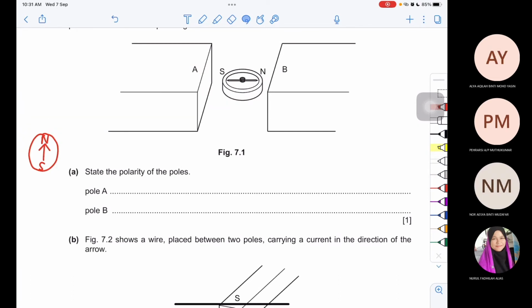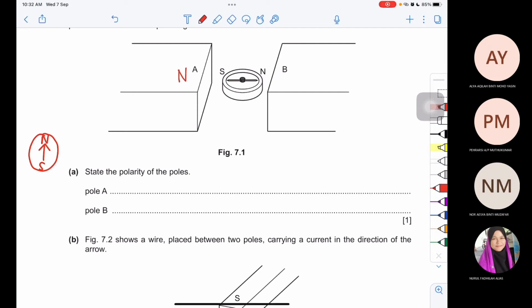So here we see this is north, this is south. That's the position. So A is south here. There is attraction: south is attracted to north, and north is attracted to south.